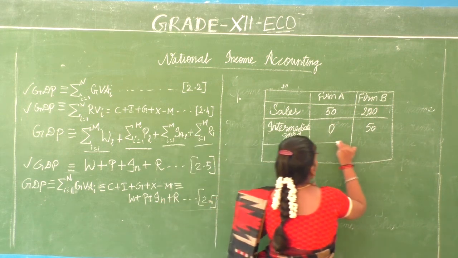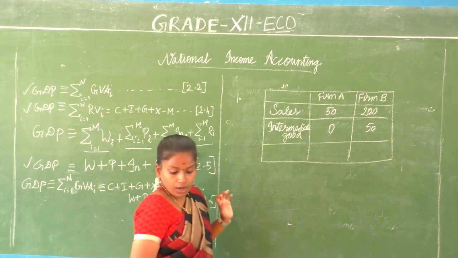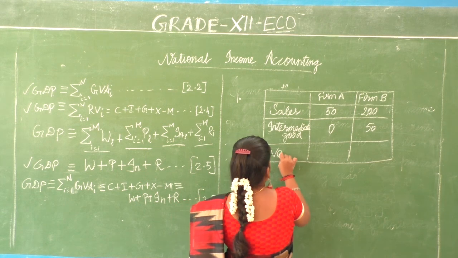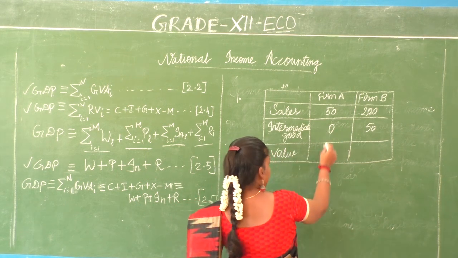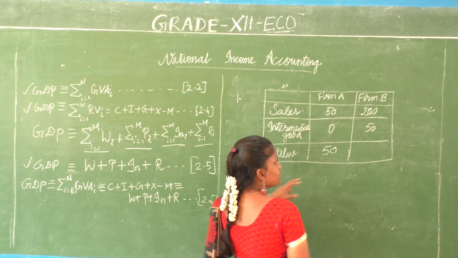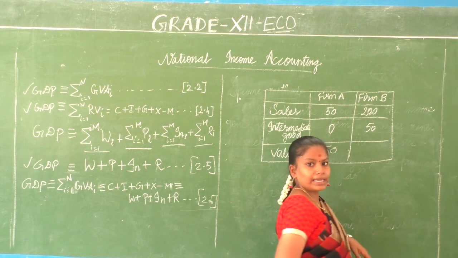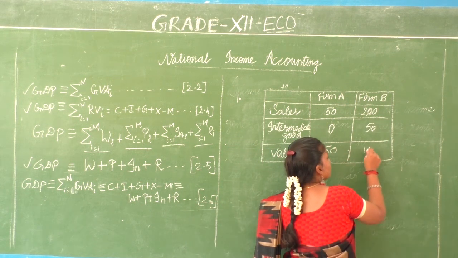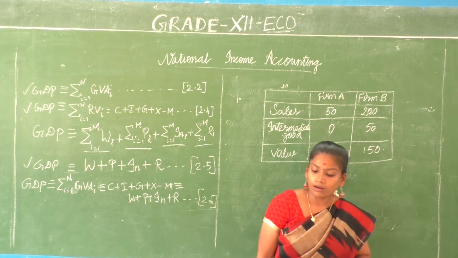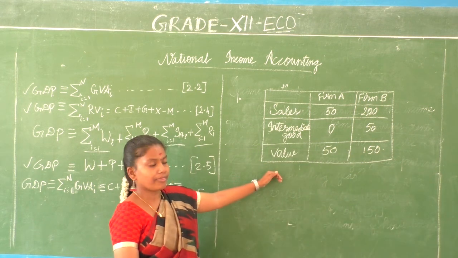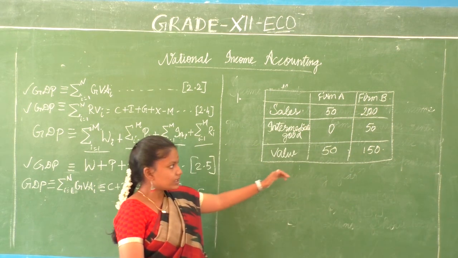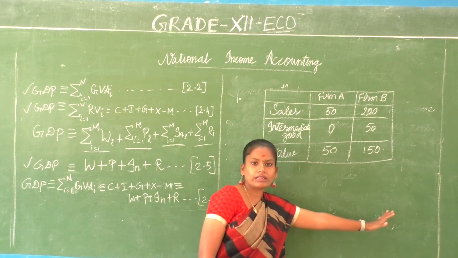So what will you do when you are finding the value added? The value added becomes the same 50. And here it becomes what? 200 minus 50, 150. This is how you calculate the value added method. That 150 will become the final thing.